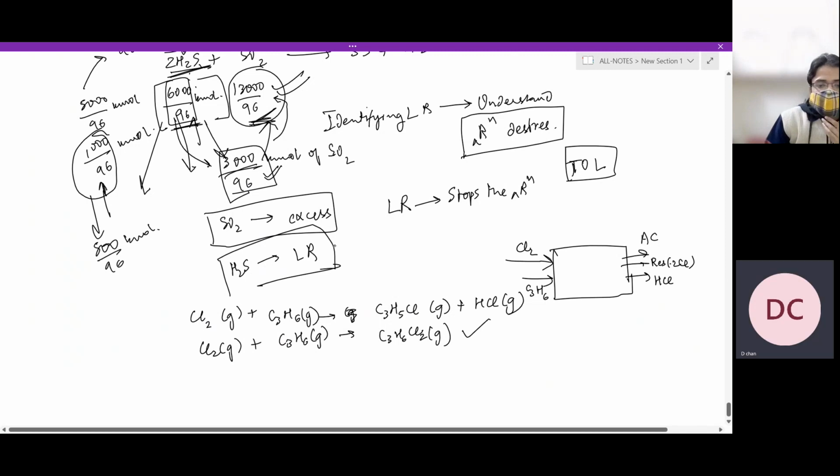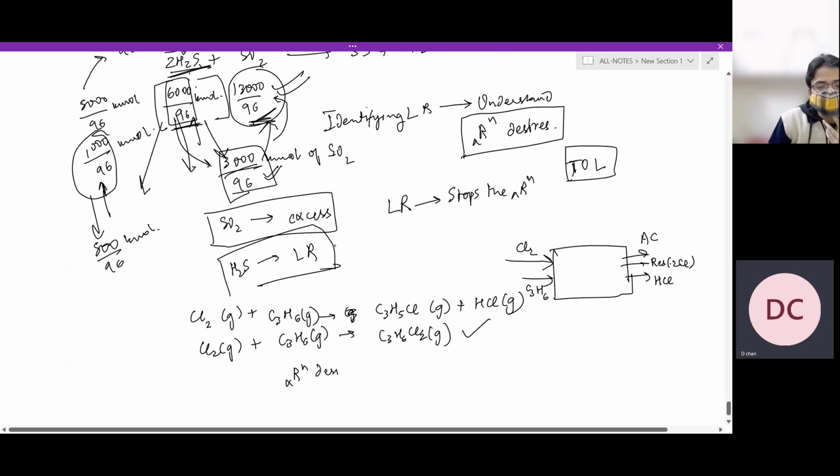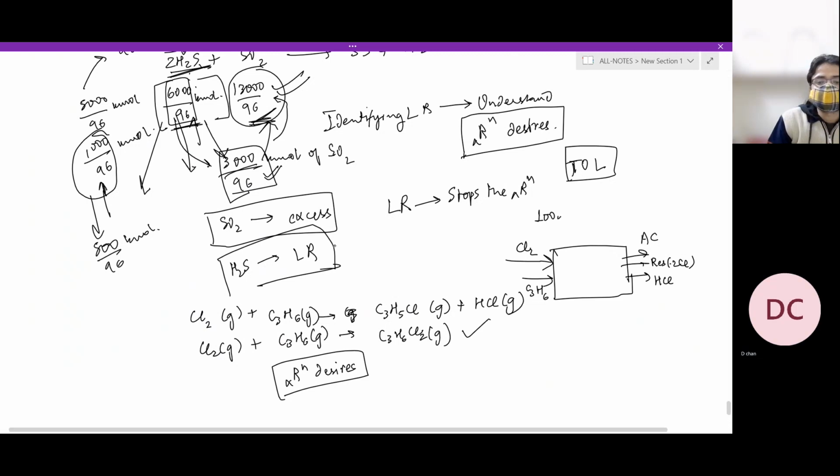So now, as I said, you need to understand what the reaction desires, the needs of the reaction. You are supplying an arbitrary amount of chlorine, let's say some 100 moles. Now you cannot expect that 100 moles of chlorine will be entirely utilized in this reaction.